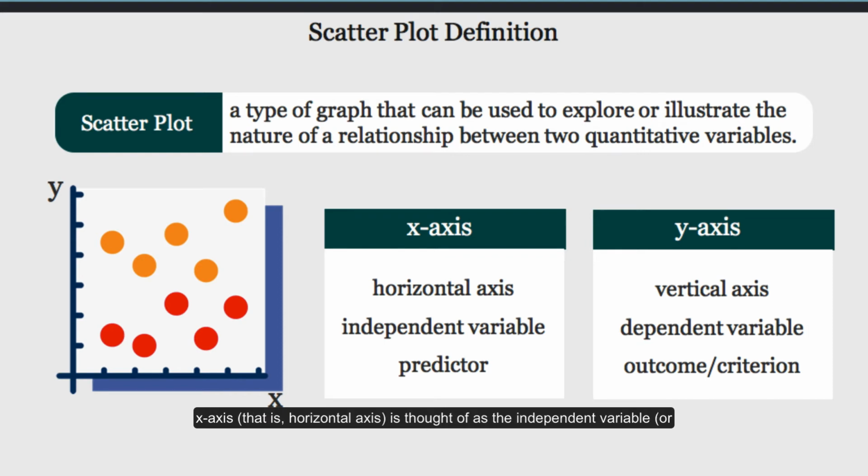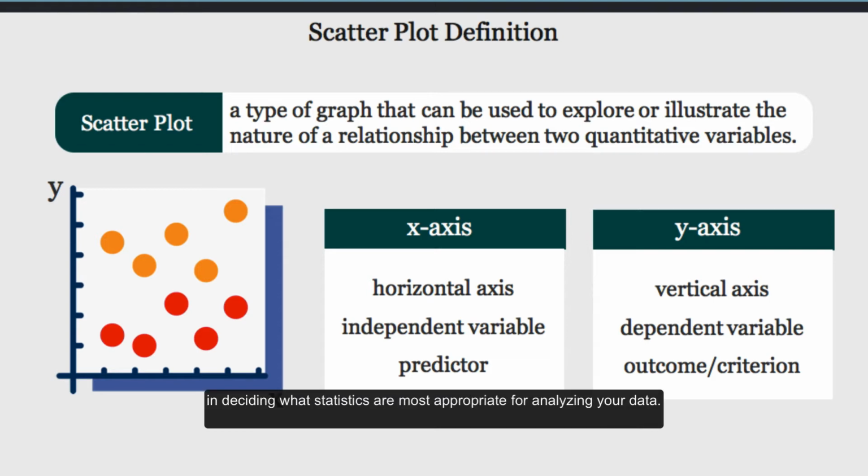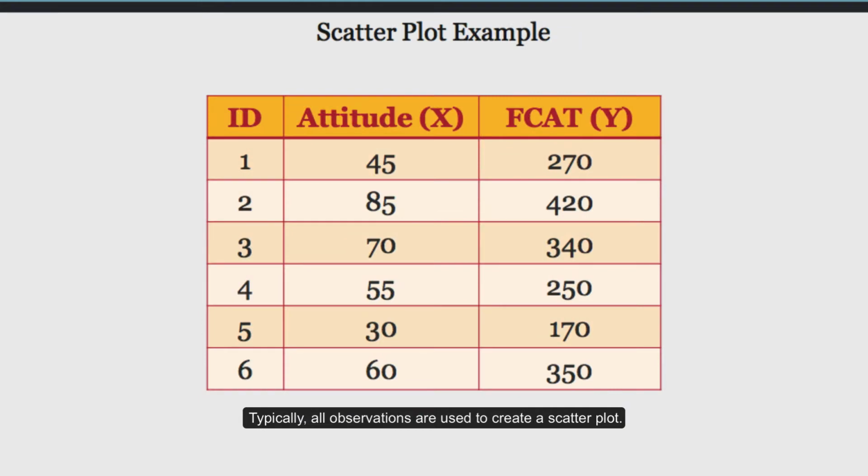Commonly, the variable on the x-axis, that is the horizontal axis, is thought of as the independent variable, or predictor, and the variable on the y-axis, that is the vertical axis, is the dependent variable, also known as an outcome or criterion variable. By plotting these points for a whole sample, scatter plots help you visualize patterns in the data and guide you in deciding what statistics are most appropriate for analyzing your data.